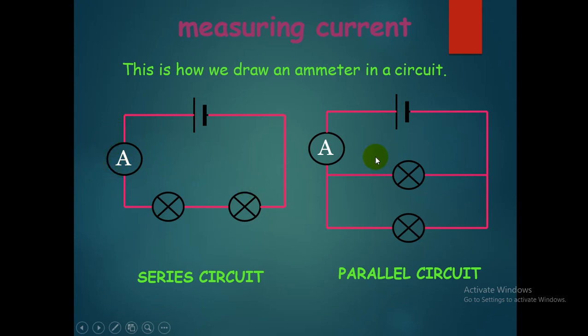And here also the same thing. There are two bulbs connected here. The amount of current which is supplied by the source is also measured with the help of an ammeter in the parallel circuit. It is connected in series manner in the circuit.